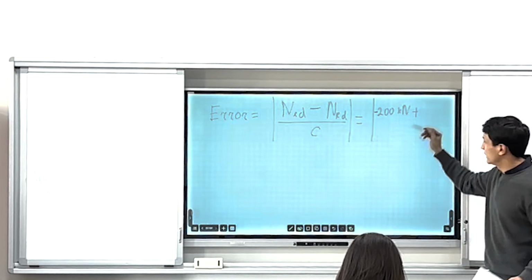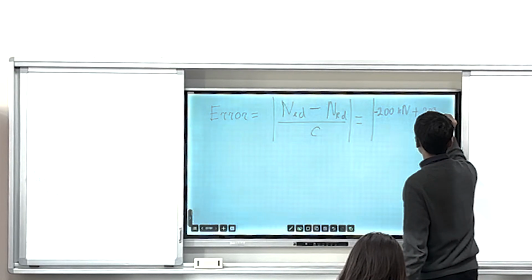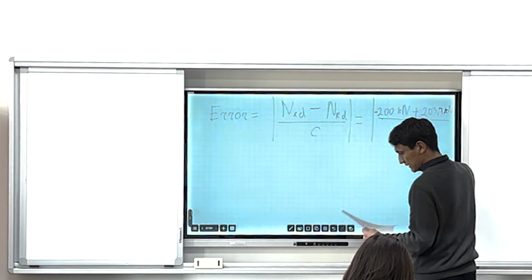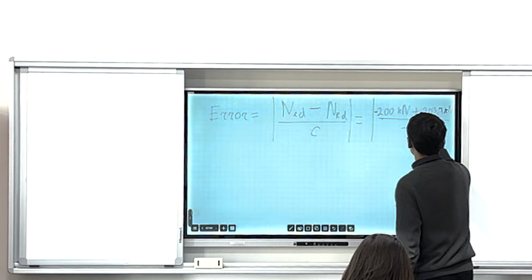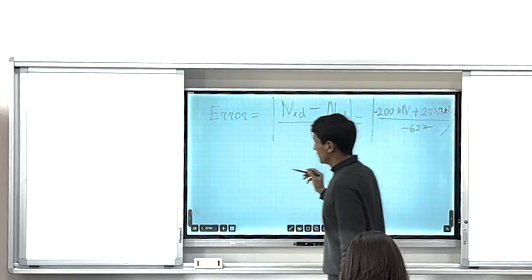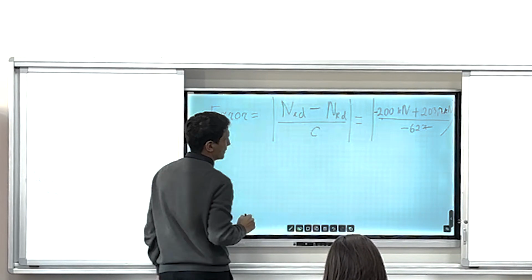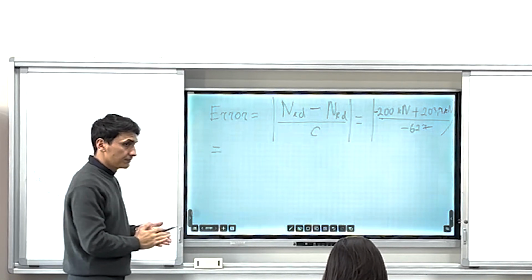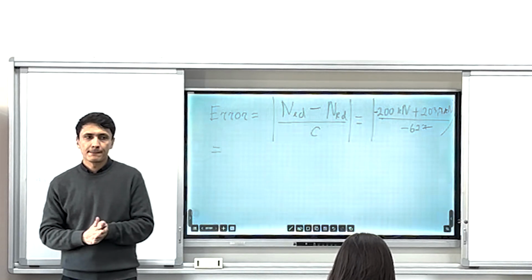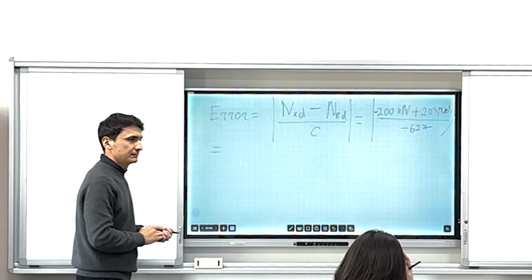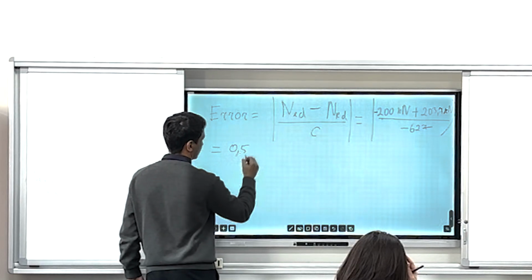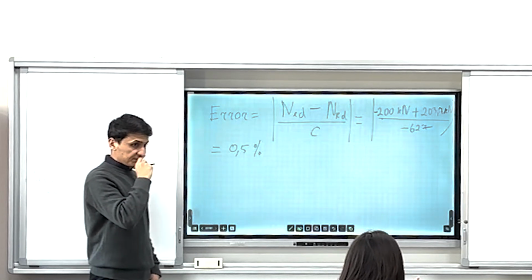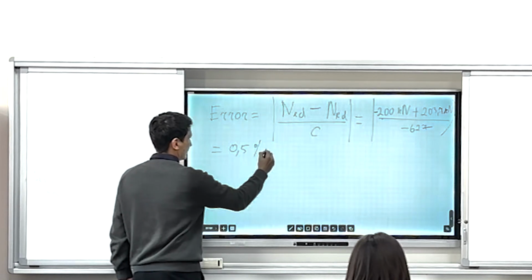How much was NRD? 203.7 kilonewtons, divided by minus C, which is 637. So please tell me what is the value in percentage. So it's 0.5%. Correct?